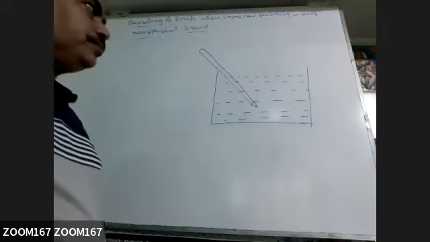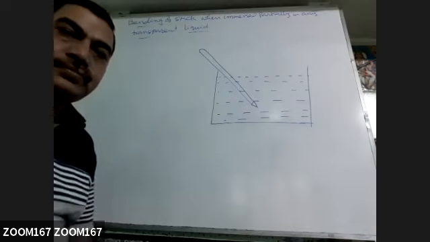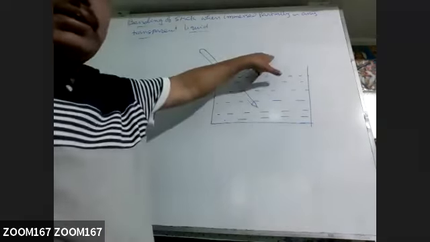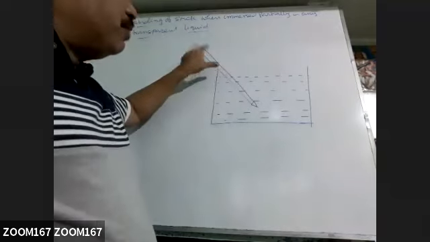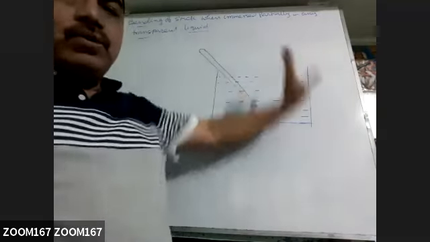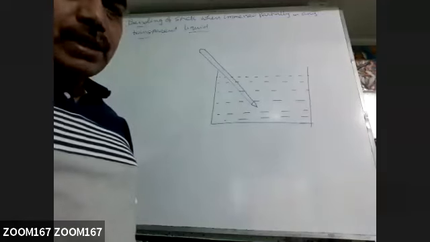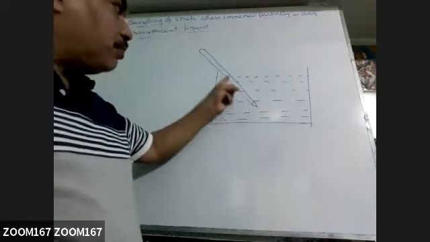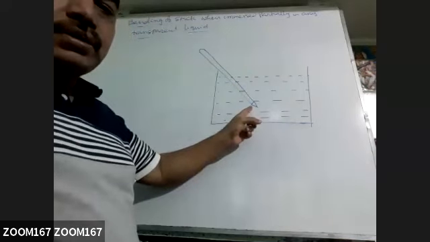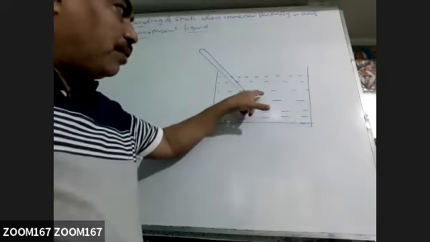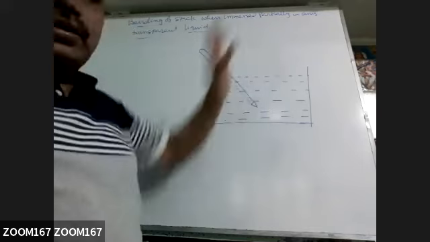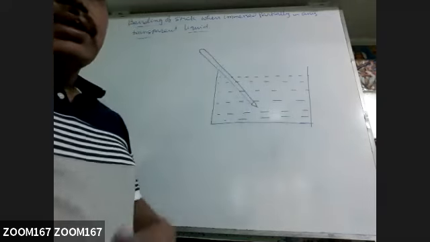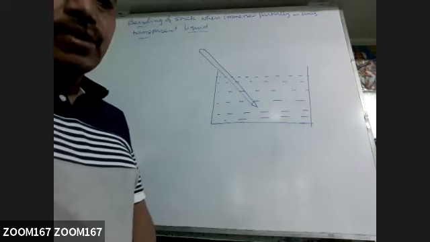Why is it so? When our eye is here, the ray which is coming from this part of the pencil, there will be no deviation, no bending of that light. But the light which is coming from this part of the pencil, the immersed part, has to pass from water to air. And naturally it will bend away from the normal.